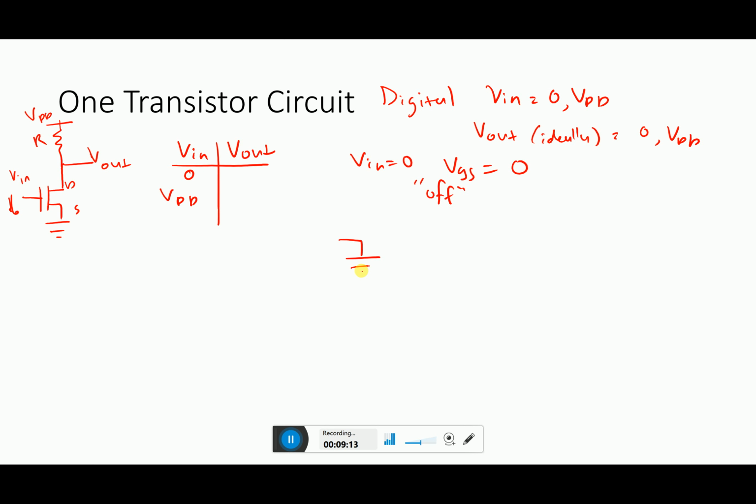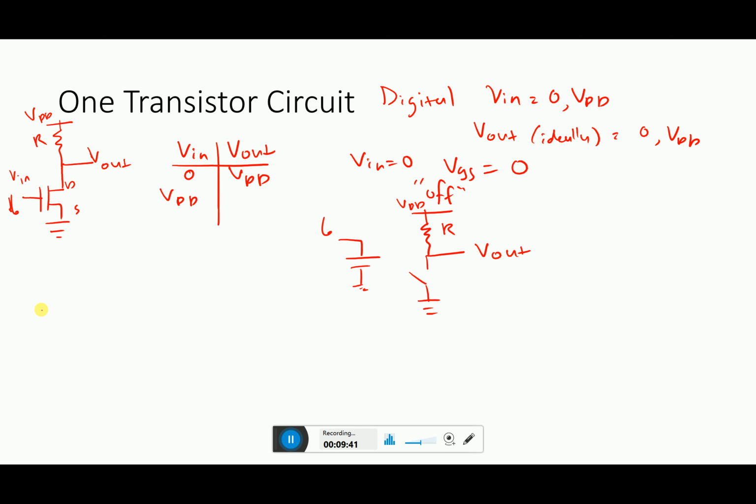So we have a capacitor to ground from the gate. We have a resistor R connected to VDD. This is Vout. So what we have here is that VDD is connected by a resistor to Vout, and then it's not connected at all to ground. So that means that Vout should be equal to VDD.